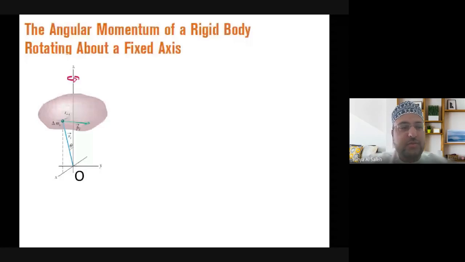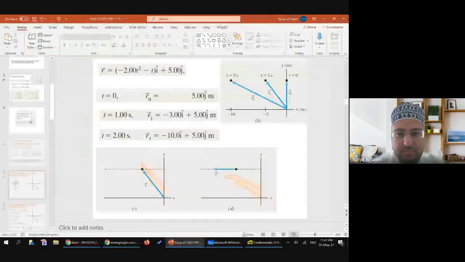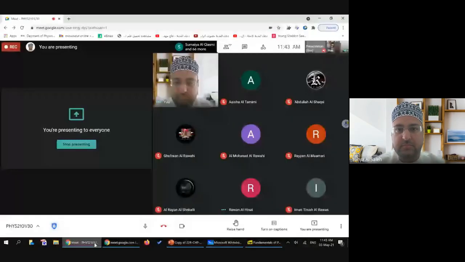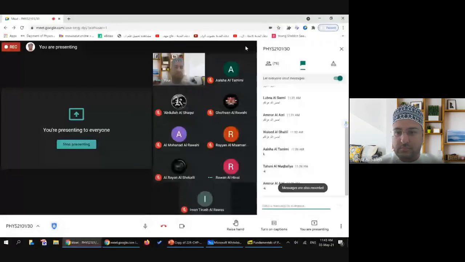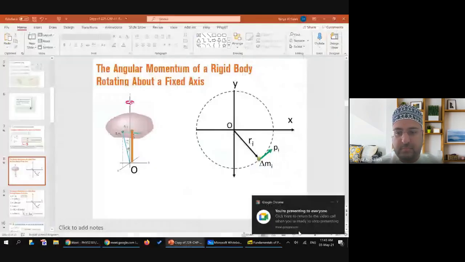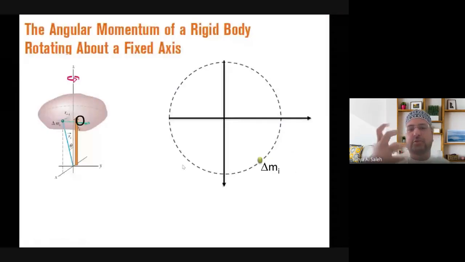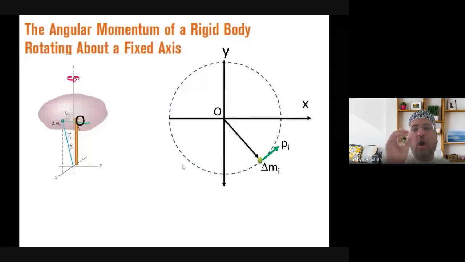So what do we do? How do we calculate the angular momentum of a rigid body? No? Okay. Well, if we look about the axis of rotation, the origin, and I look at a tiny bit of this rigid body.